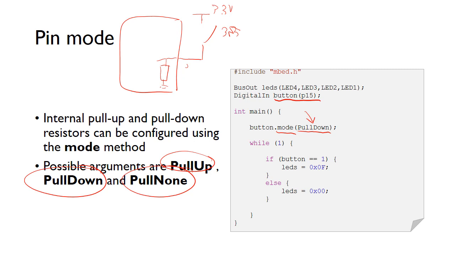So if you don't press the button, this expression is not going to be true. This expression will only be true when the button is pressed. You often use pull down resistors as the most logical approach, because then when you don't press the button, it's a 0, and when you do press the button, it's a 1. So by using this button, you press the button and all the LEDs will switch on. We don't press the button, and all the LEDs will switch off.